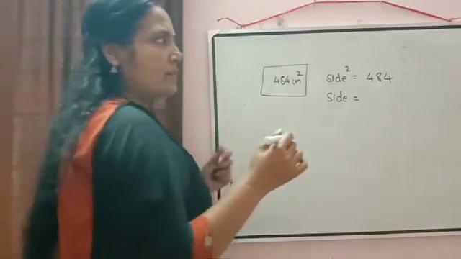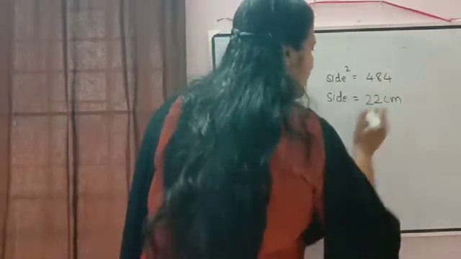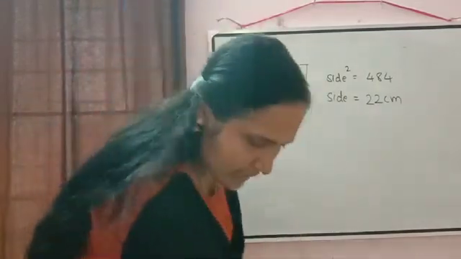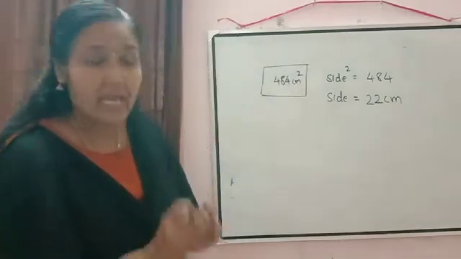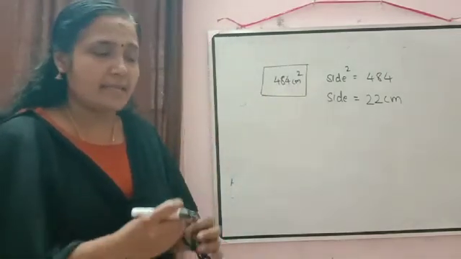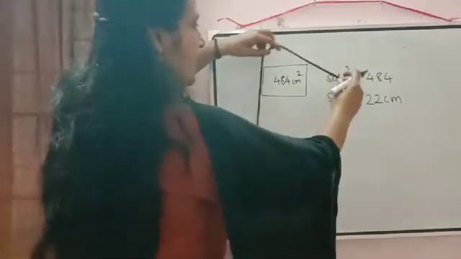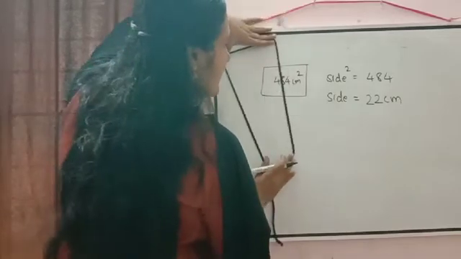And what is the square root of 484? Yes, it is equal to 22 centimeters. So we got the side of the square. And then it is written, the same wire is bent in the form of a circle. The same wire, now just to check, if I have taken this much length, the same wire I am bending in the form of a circle there.